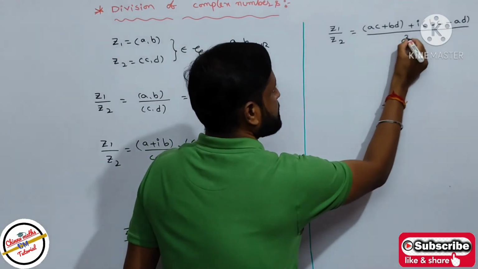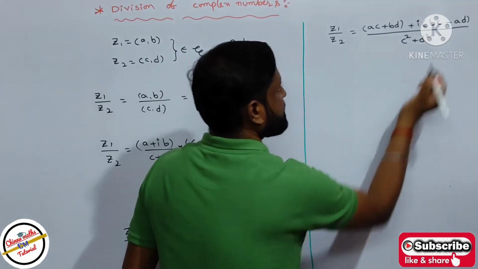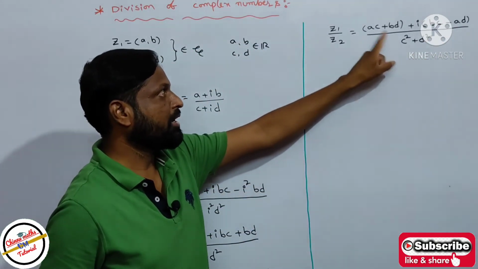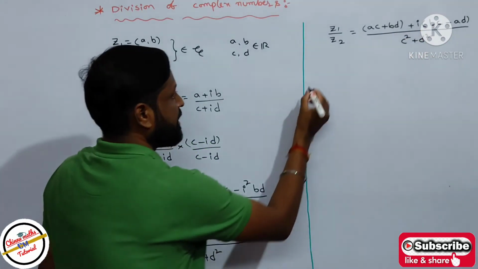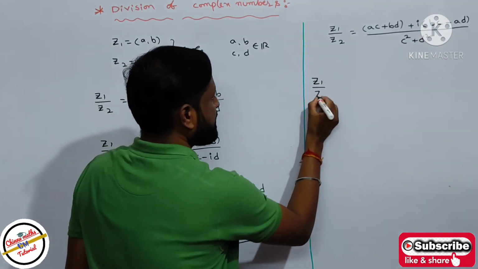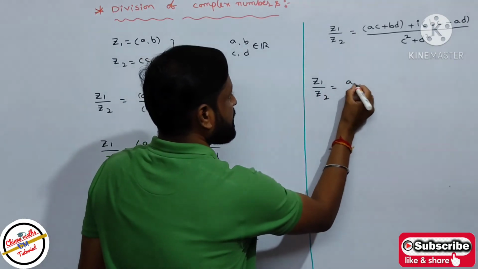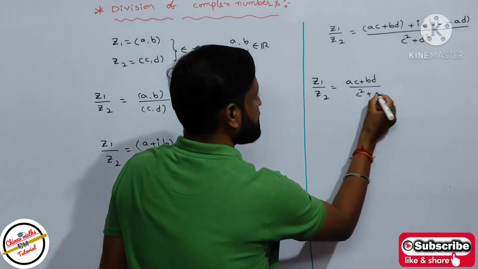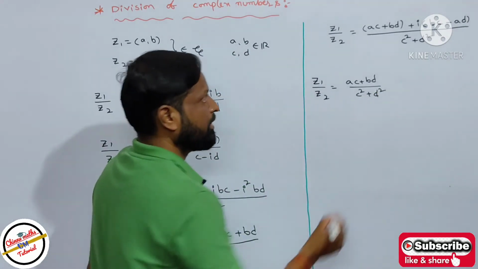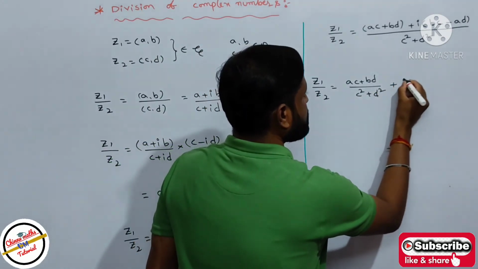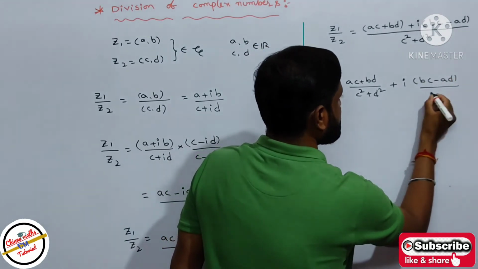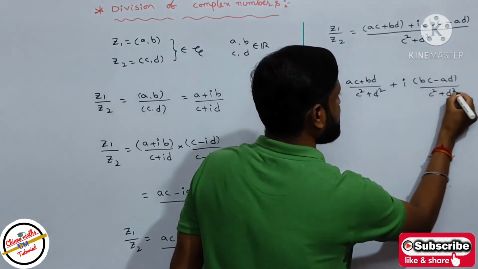Split the denominator value into the real part and also the imaginary part. So then z1 by z2 equal to ac plus bd by c square plus d square, plus I into bc minus ad by c square plus d square.